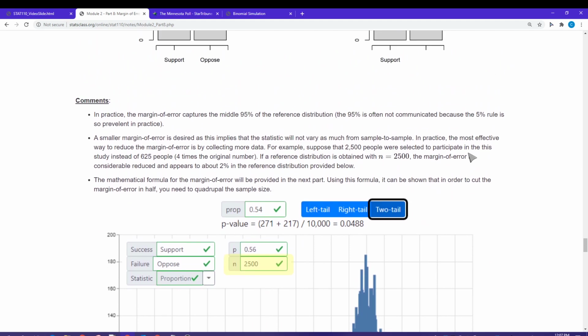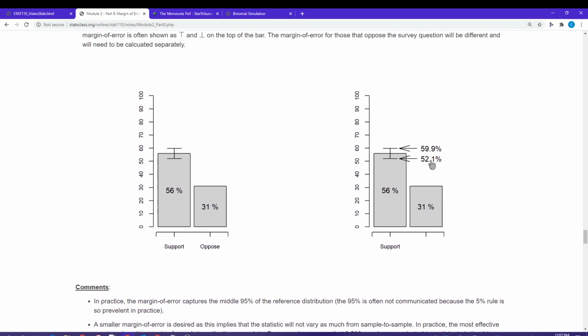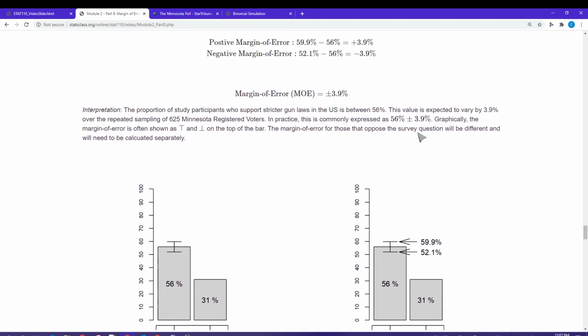So in practice, the margin of error captures the middle 95% of the reference distribution. Oftentimes, the 95% is not communicated, and the reason is because the 5% rule is so prevalent in practice. So an author might say that the margin of error for their poll is plus or minus 3.9%.